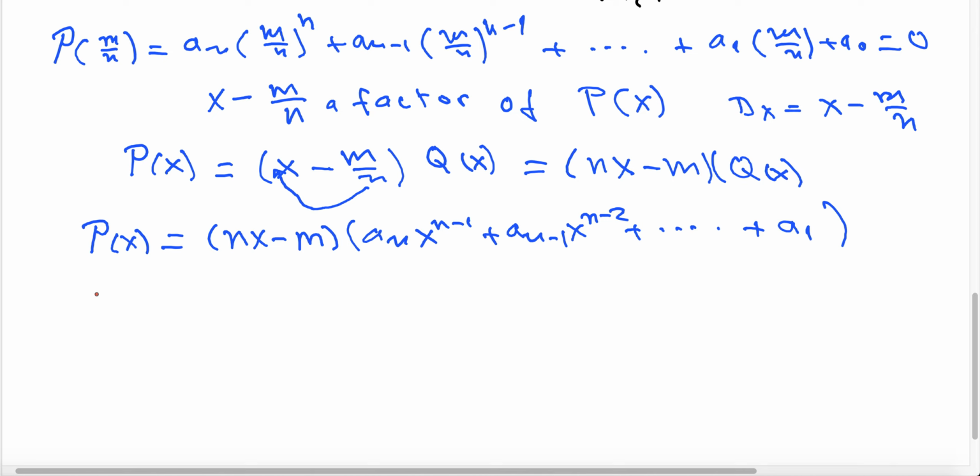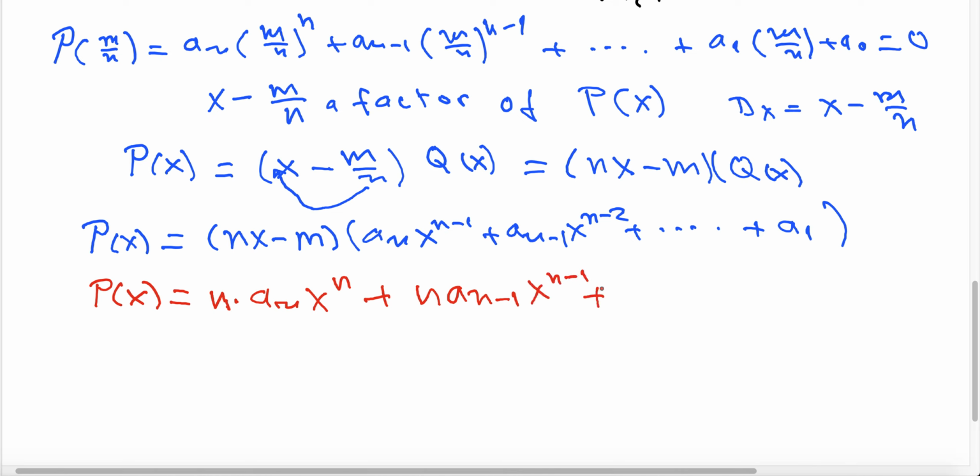If we are distributing, p of x is going as follows. nx times a_n x^{n-1} is n times a_n x^n, because x times x^{n-1} is x^n, plus n times a_{n-1} x^{n-1}, and so on, until the last one, nx times a_1.